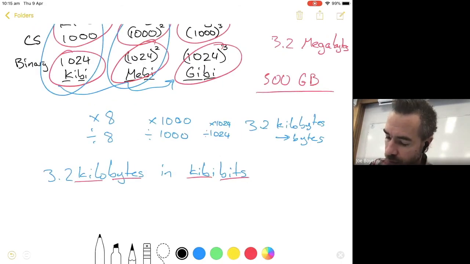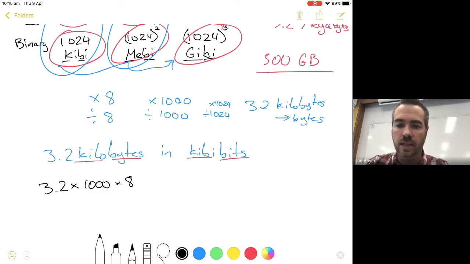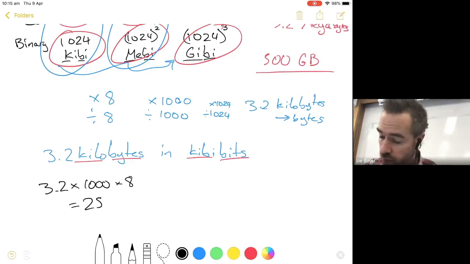And so that's going to be 3.2 times the kilo prefix, which is 1,000, and then we've got to get bytes into bits, so that's times 8. So I'm going to do that on my calculator, 3.2 times 1,000 times 8, and that gives me 25,600 bits.